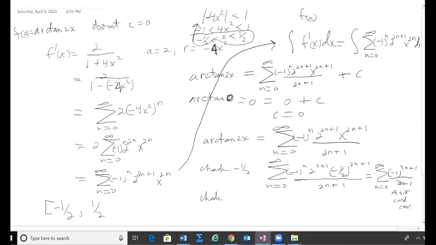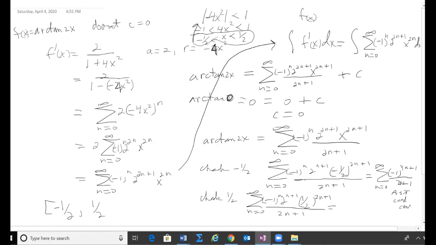Check 1/2. So you have n equals 0, negative 1 to the n, 2 to the n plus 1, and you have a half to the 2n plus 1 over 2n plus 1. Now the halves do cancel each other here.